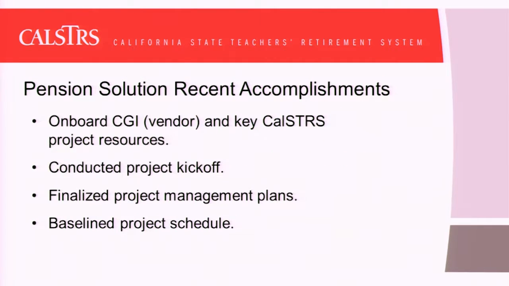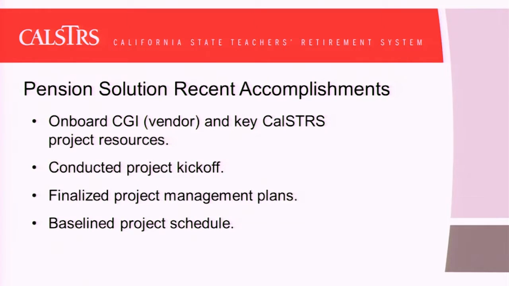Okay, so current accomplishments. CGI onboarded, we started early July. Since that time, our primary theme has been our phase 1 activities. In the July-August timeframe, we conducted our kickoff activities, bringing in the core team members as well as some of our subject matter experts, or SMEs.